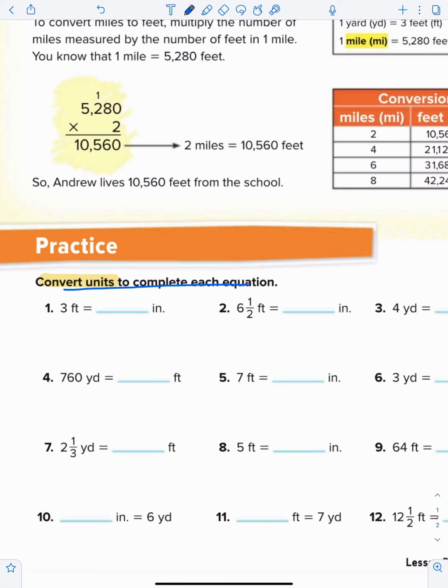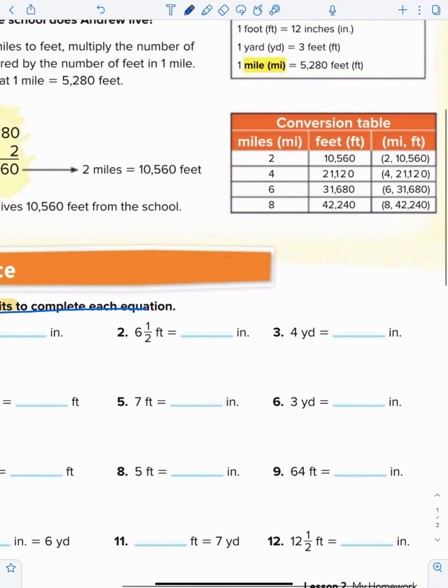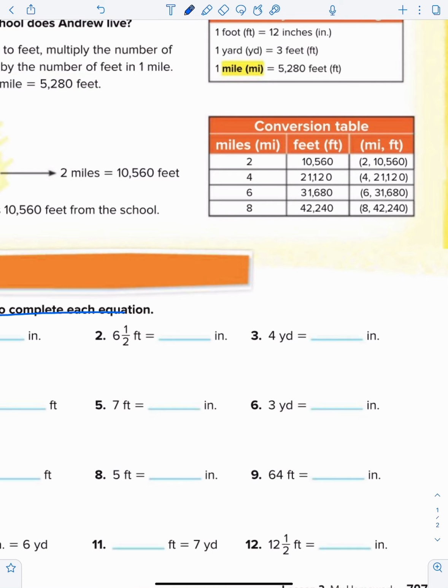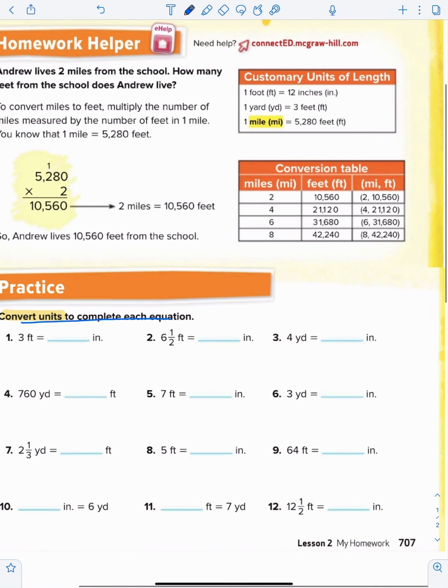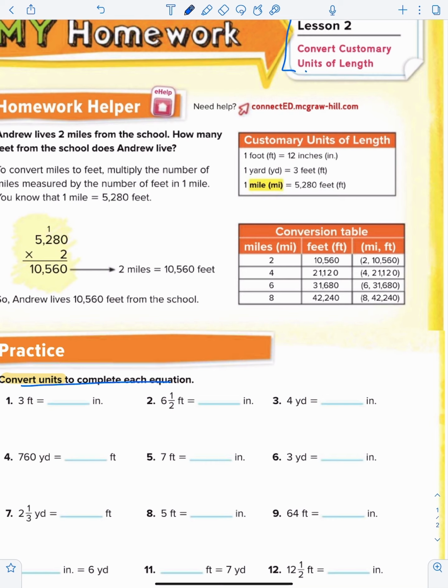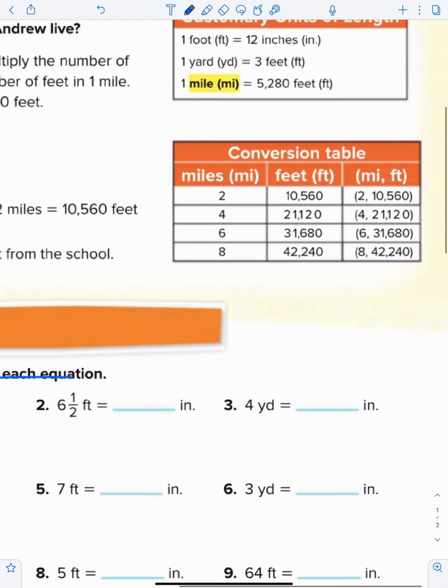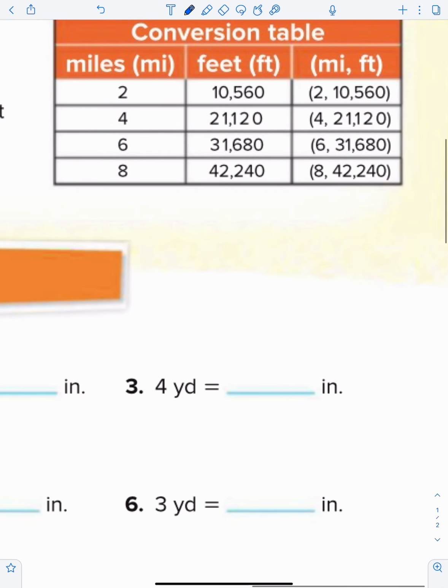What are the units that we learned? We have 3 units, or actually 4 units that we learned in the customary system, or customary units of length. Now, this information you really need to remember. You need to know it all the time.